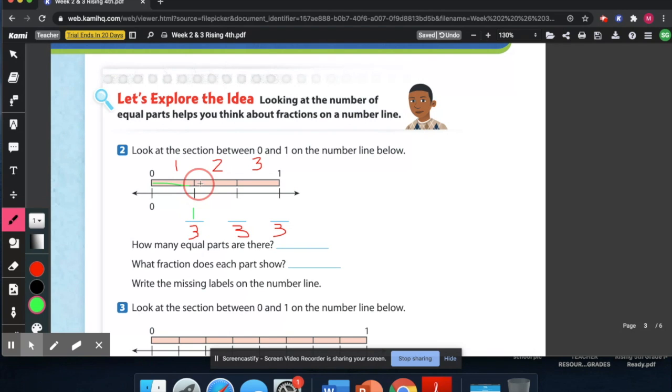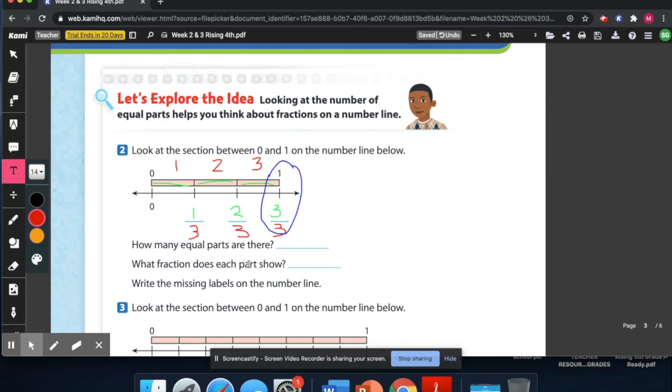I keep going. 2. Okay, this is 2/3. And 3. 3/3. And remember, 3/3 is showing me that is a whole number because the denominator and numerator are the exact same number, saying that's a 1. 1 whole.